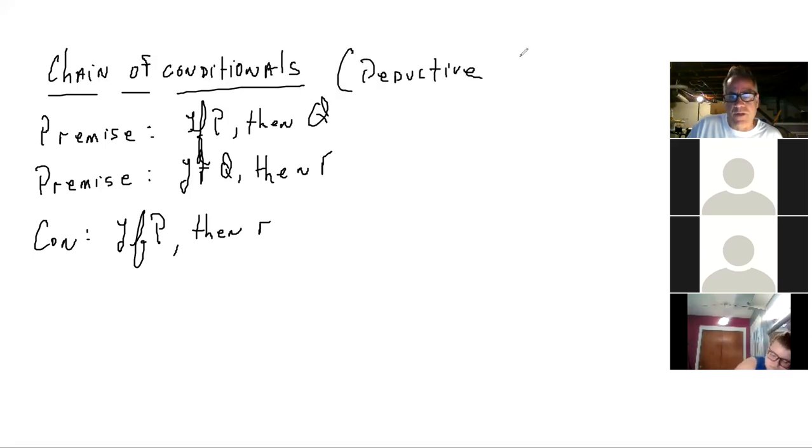It's always going to be looking at deductive. So a chain of conditionals is a type of deductive argument that involves a chain of 3 or more conditionals. Then you just have to pick out of a choice of 4 what connects the chain, and it's this. Basically it gives you 3 other selections where these do not match up.